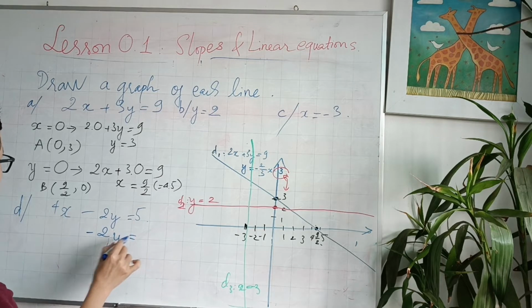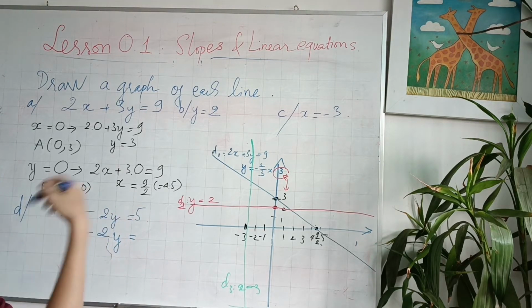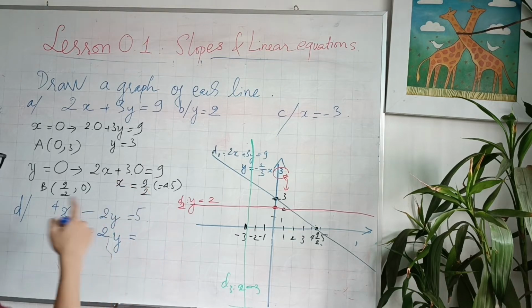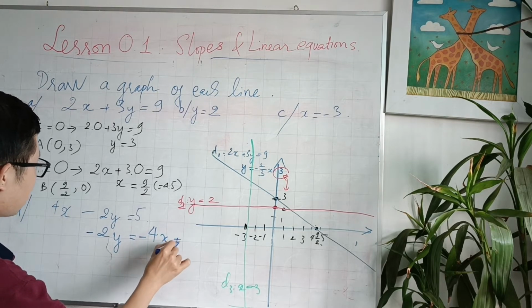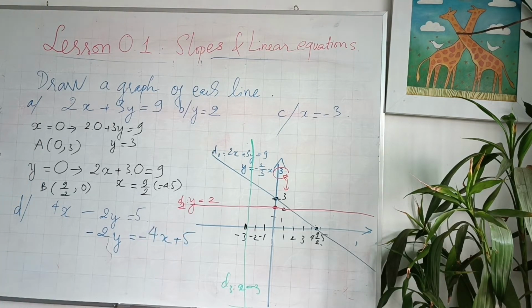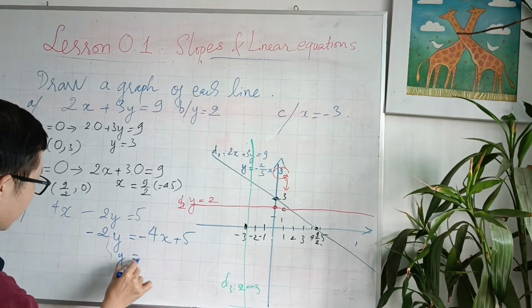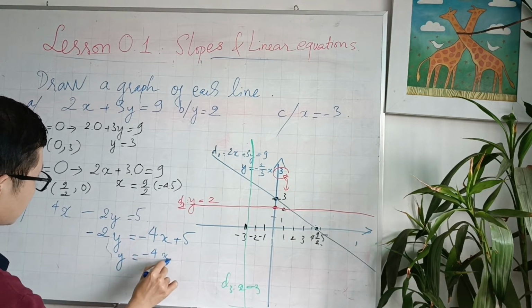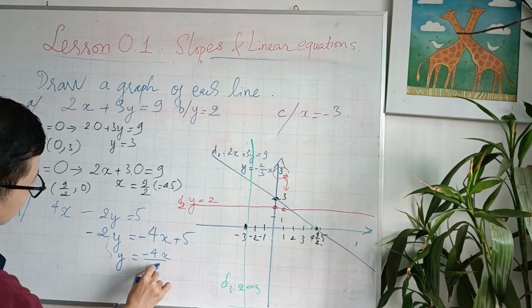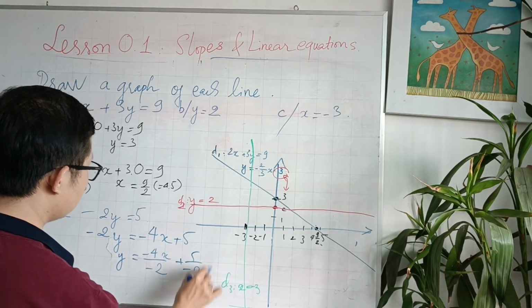-2y equals -4x plus 5. We move the x term to the other side, so we also change the sign of its coefficient. Divide by -2 on both sides. y equals -4x over -2 plus 5 over -2.